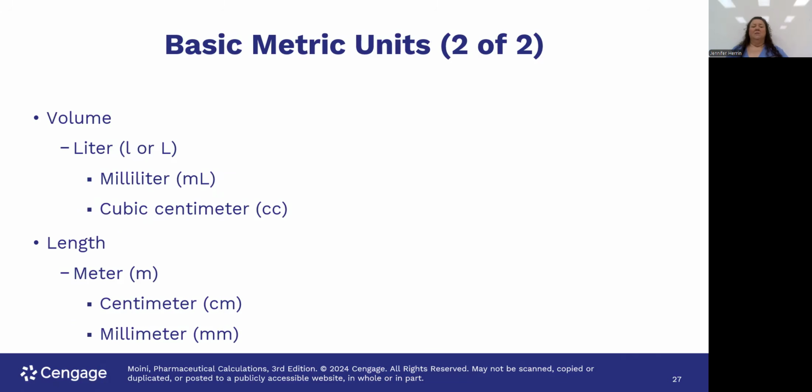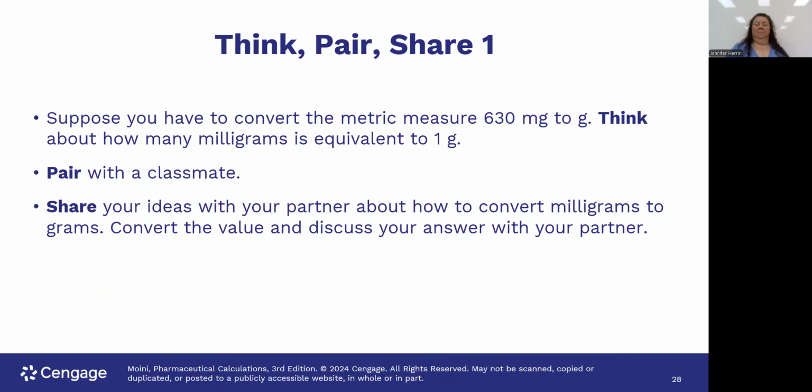So cc's and milliliters are interchangeable. I would like to also add microliter to that list for the volume measurements. It's more common for your pediatric formulations, but there may be some times where you need to measure in microliters. And then for length, our common units of measure are going to be the meter, which is further divided into the centimeter or millimeter for the purposes of pharmacy.